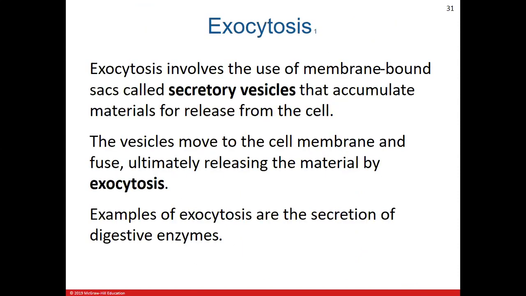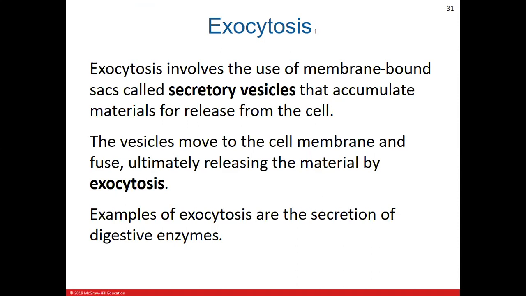The opposite of endocytosis is exocytosis, and that is a process to secrete substances outside of the cell, and that's going to use vesicles as well. Those are usually referred to as secretory vesicles because you're using a vesicle to secrete molecules outside of the cell. This is commonly seen in your glands, which we'll talk about later when we get to the endocrine system.